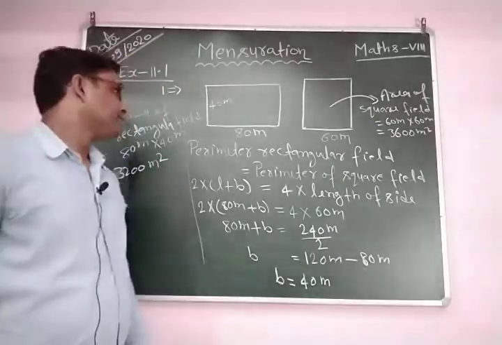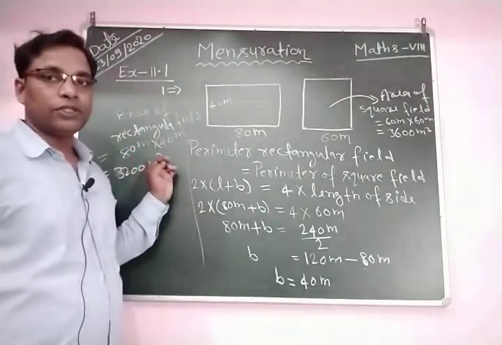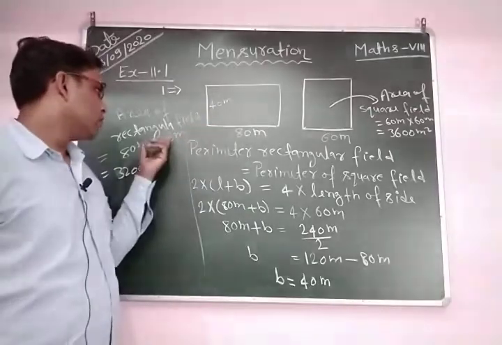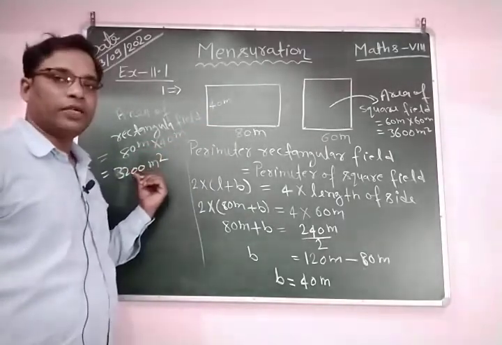After this we find the area of the rectangular field, and this is length into breadth. So 40 is breadth and 80 is length. So 80 meter into 40 meter is equal to 3200 meter square.